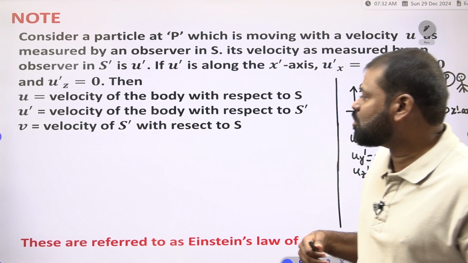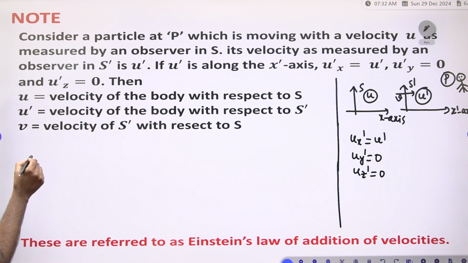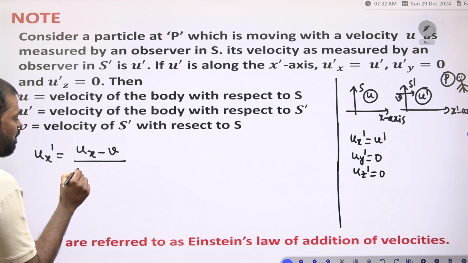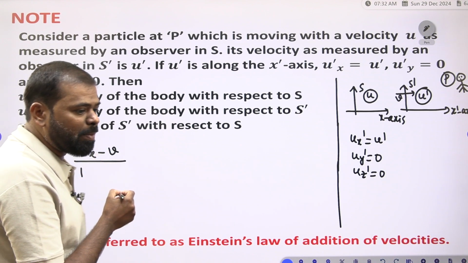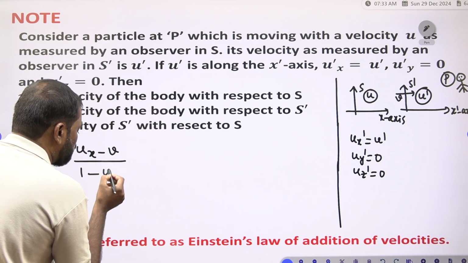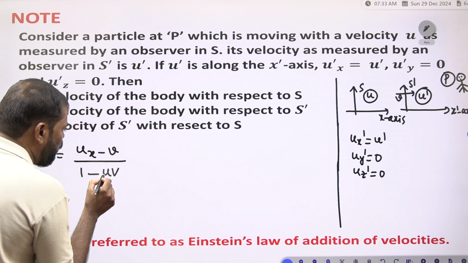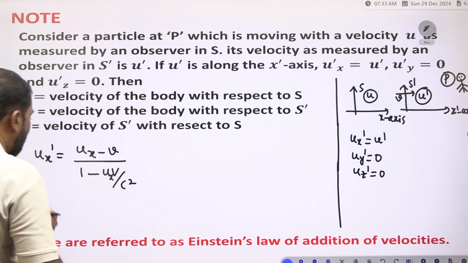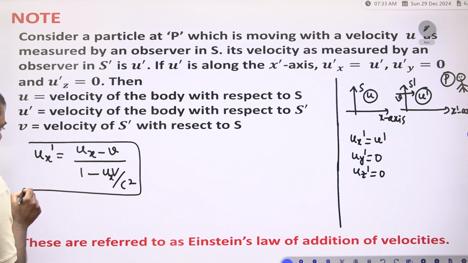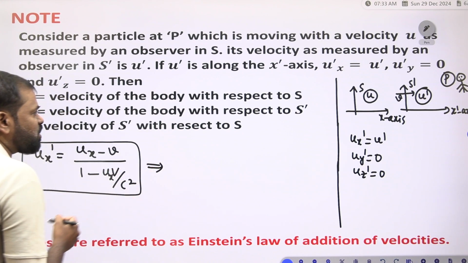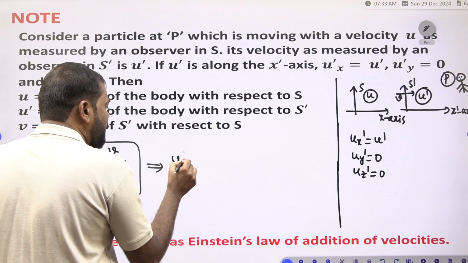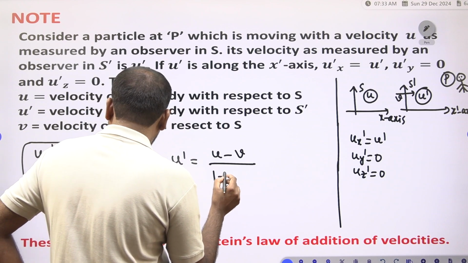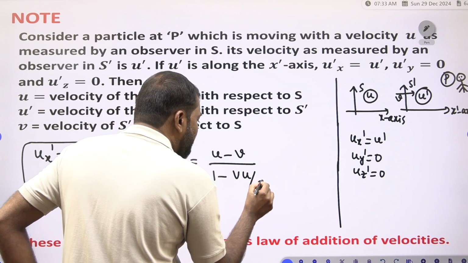So therefore, once again you have to see our earlier equation: u x dash is equal to u x minus v divided by 1 minus v u x divided by c square.